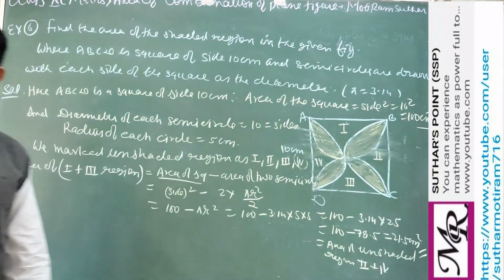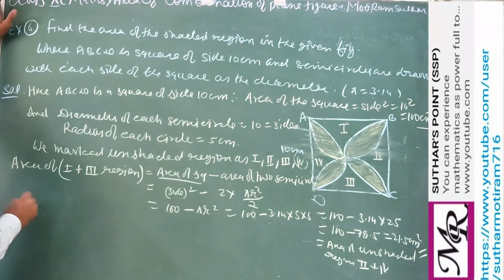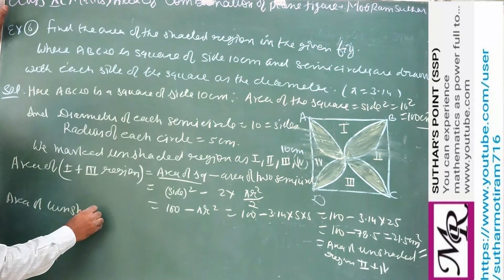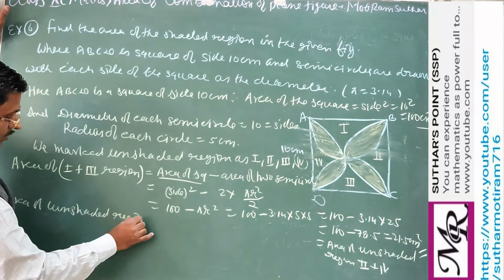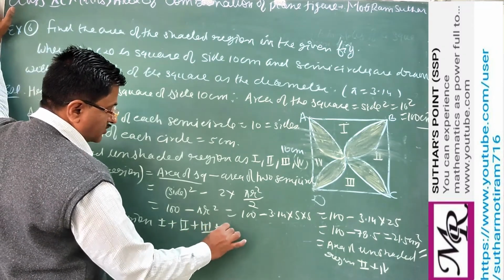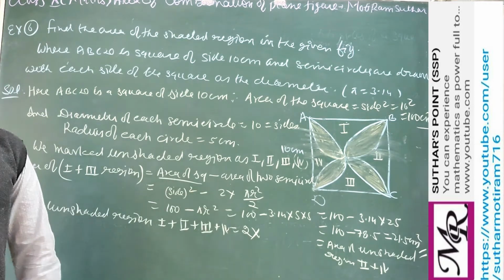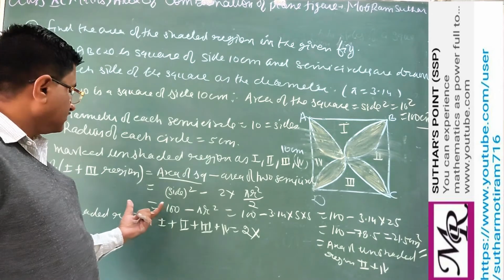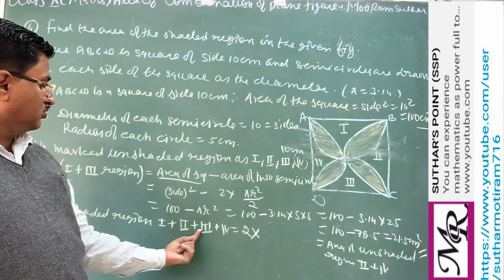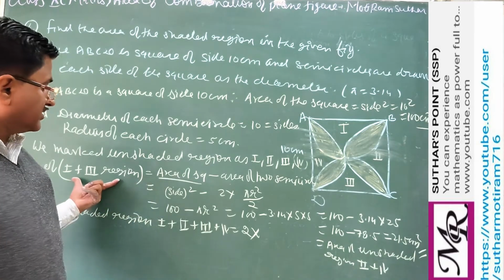So if you want to find the area of all the unshaded region, you can say area of unshaded region, that is 1 plus 2 plus 3 plus 4, will be twice the area of any region, 1 plus 3 or 2 plus 4.